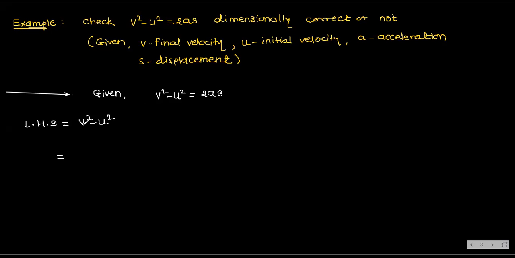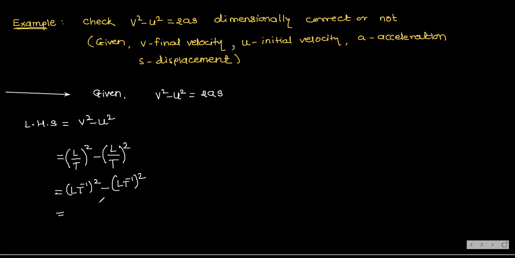So v is what? Velocity. You know velocity is length by time, so this is L by T. Velocity dimension is L T power minus 1. So this is squared, and minus here also. This is initial velocity, but velocity only. So here also. So you are getting (L T power minus 1) whole square minus (L T power minus 1) whole square.